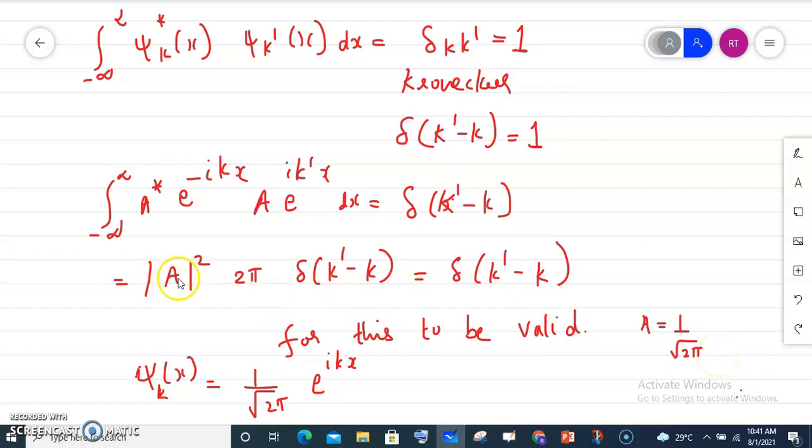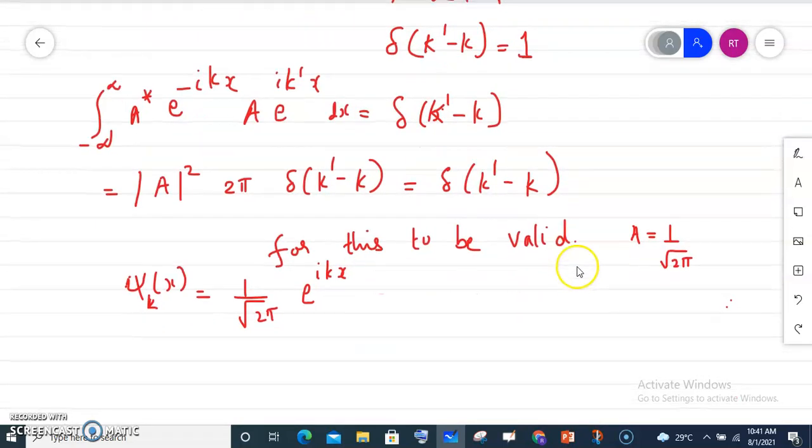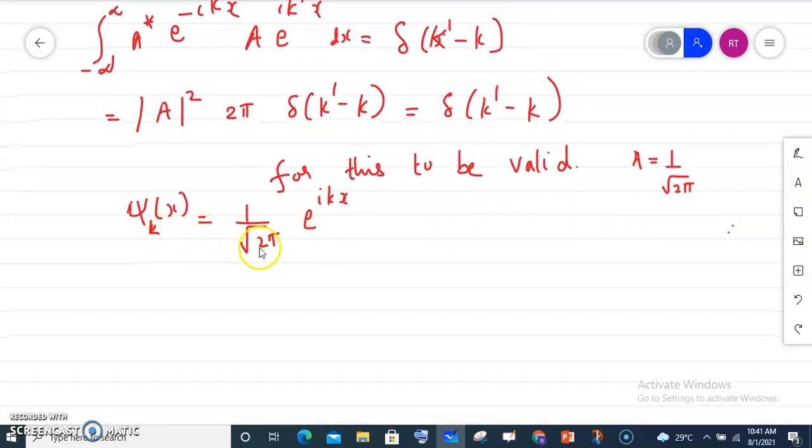So if mod a square is 1 by 2 pi, or a is 1 by square root of 2 pi, you will get the value of this normalization integral as delta k prime minus k. So the constant can be given and the wave function can be rewritten.